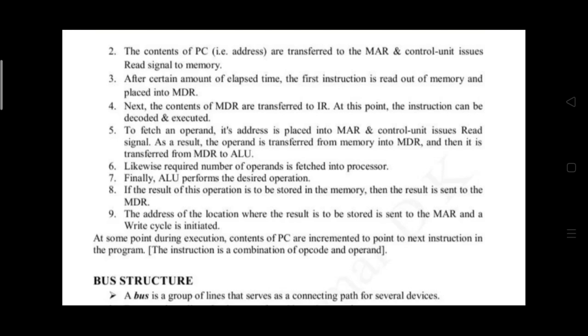At this point, the instruction can be decoded and executed. The role of IR, instruction register, is to decide what to perform, whether it's an addition, subtraction, copy operation, deletion, or whatever the operation may be.